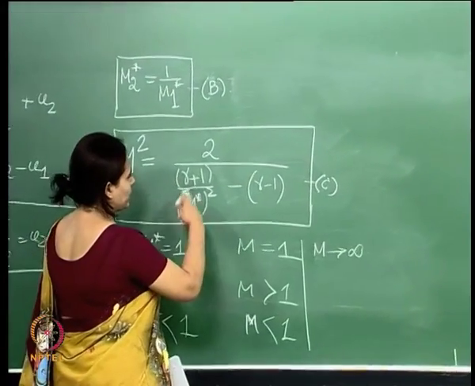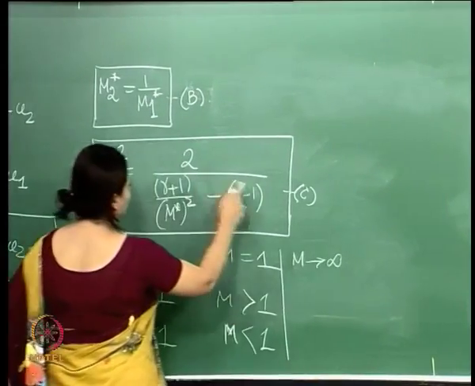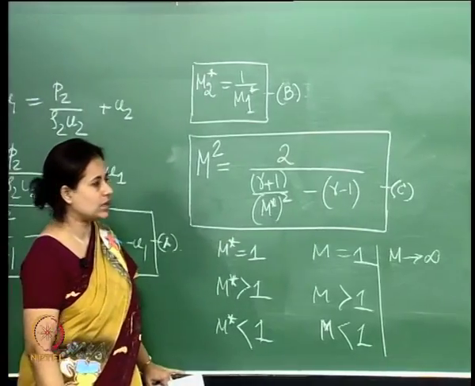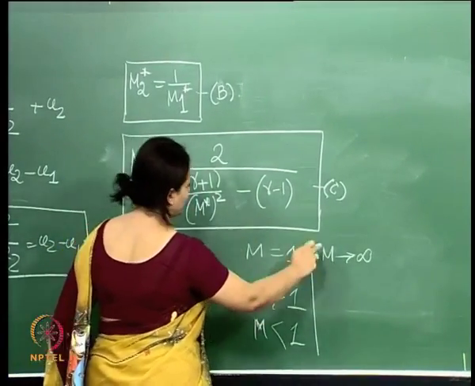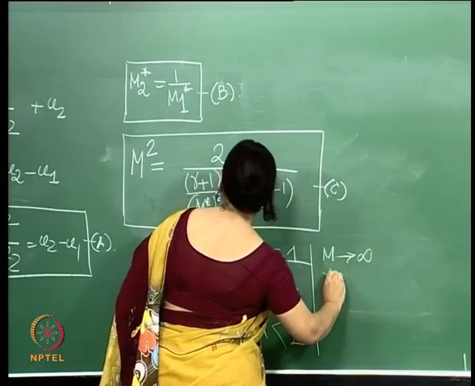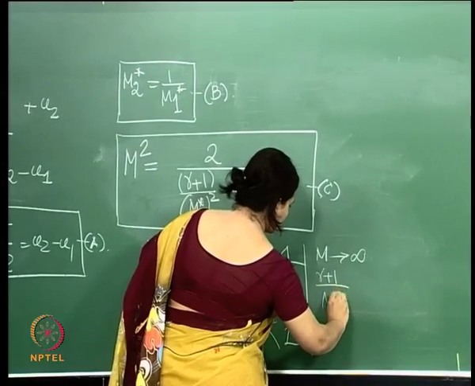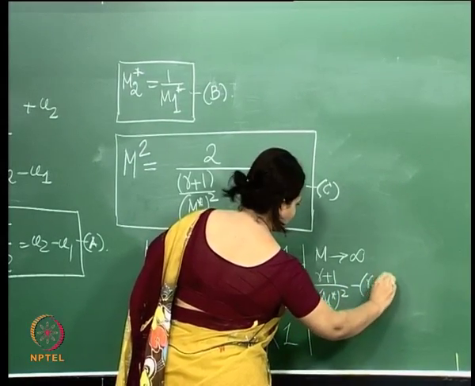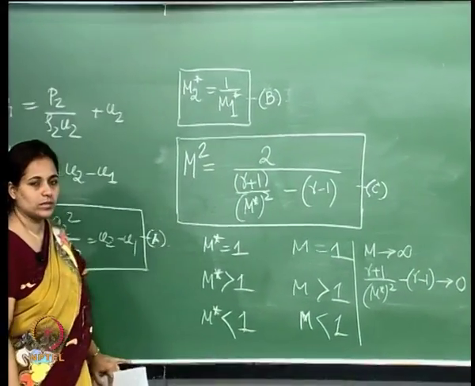Well, just try to put it over here, just put m star. So, what we actually get is that this denominator basically tends to 0, is it not? So, what we get if m star tends to infinity, is, right?